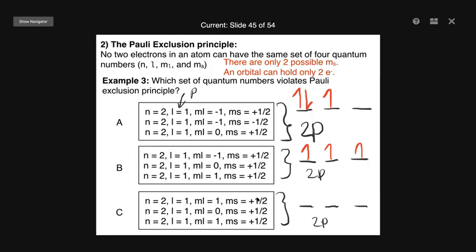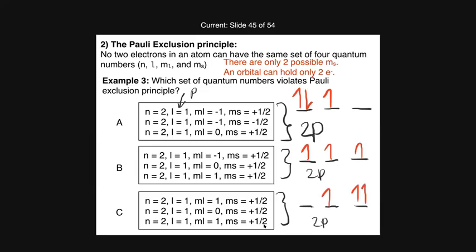The second one is m sub l equal to 0, which relates to this one right here in the middle. This is also positive 1/2, so I'm going to write it down. The last one is m sub l equal to 1 as well, so I'm going to fill the last one that we just did earlier, and we are going to fill positive 1/2 also.